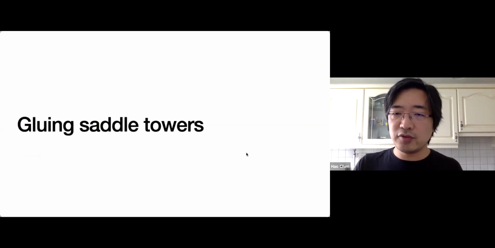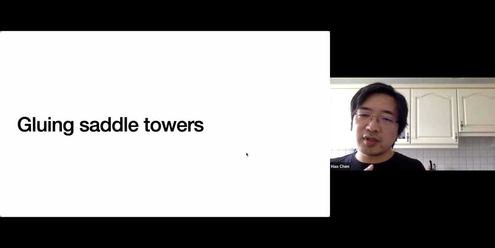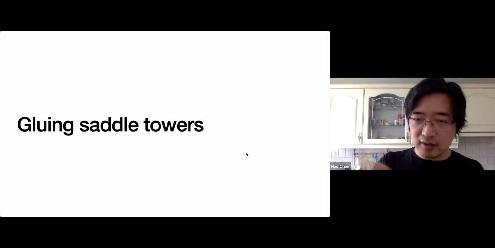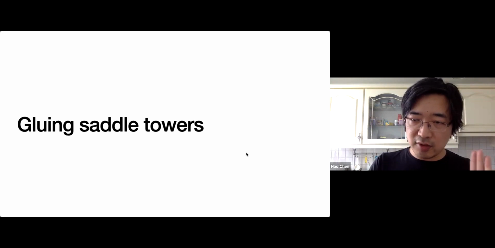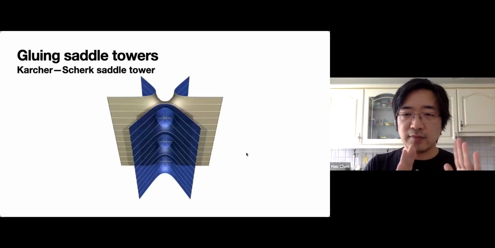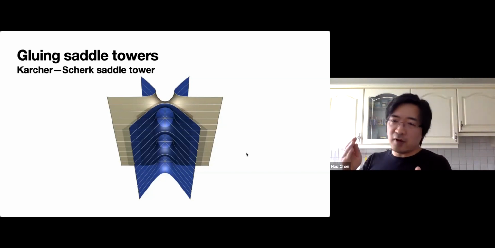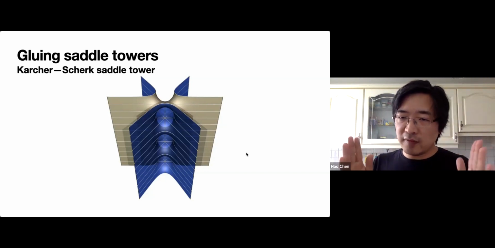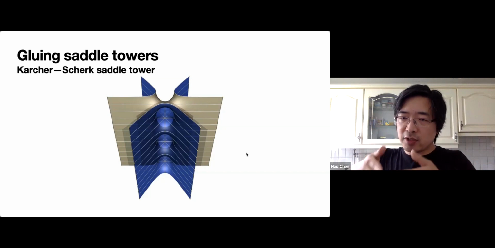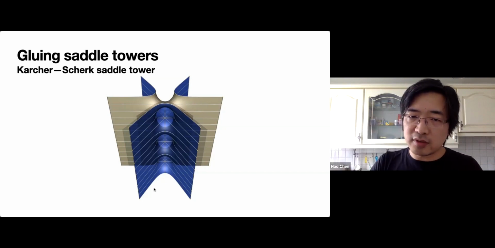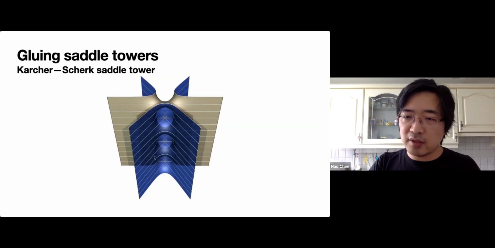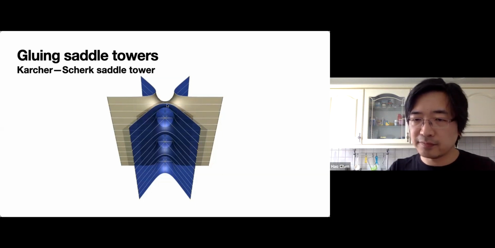Then let's move to the construction that glues saddle towers. Spoiler alert, this is technically the most interesting case. A saddle tower is something like this. Seen from far away, they look like vertical half planes sharing a vertical line in the middle. These half planes, we sometimes call wings. In the middle, you have the saddle tower.